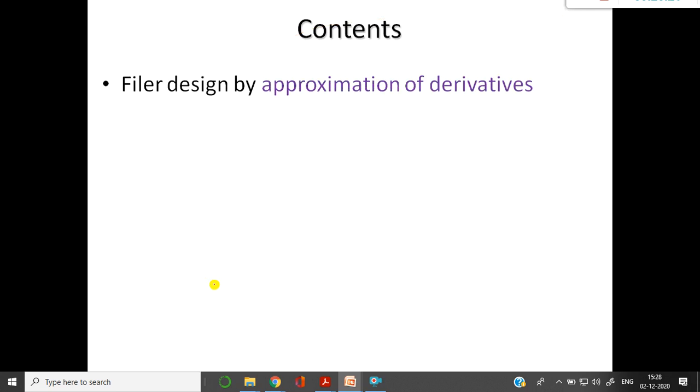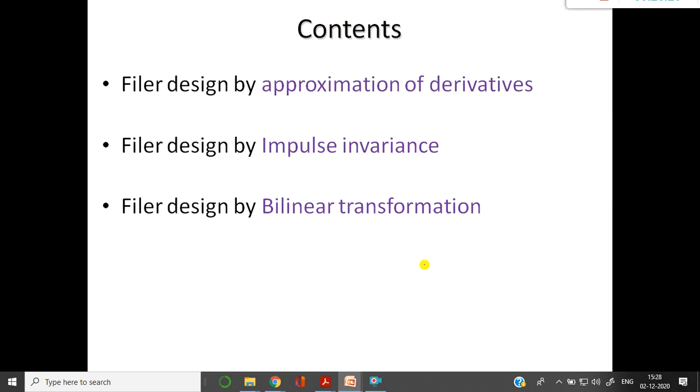So the first design is the filter designed by the impulse invariance method, and the second method is based on integration, because the Laplace transform definition is modeled with the help of integration.